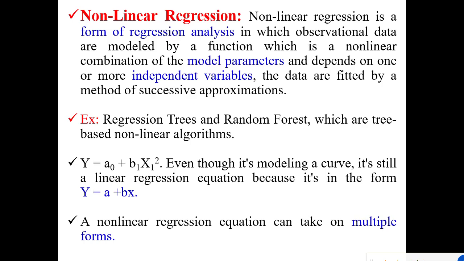The second regression is the very popular non-linear regression. It is a form of regression analysis in which observational data are modeled by a function which is a non-linear combination of the model parameters. So our model, non-linear regression, shows a simplified version of reality.